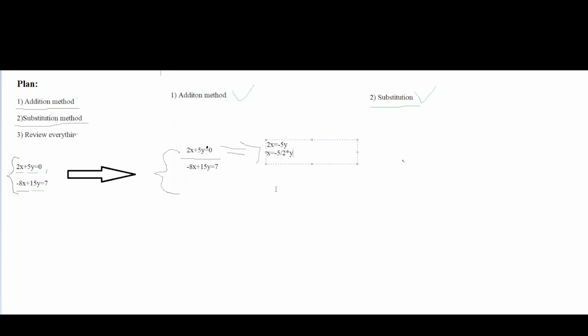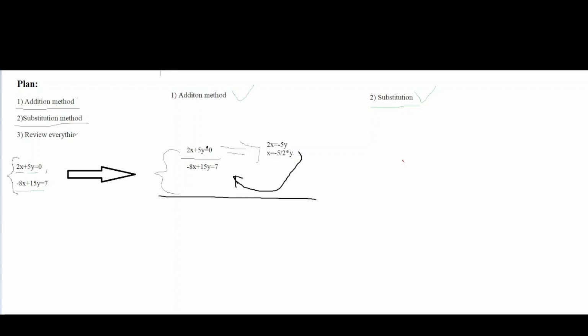Then we put this x into the second equation.